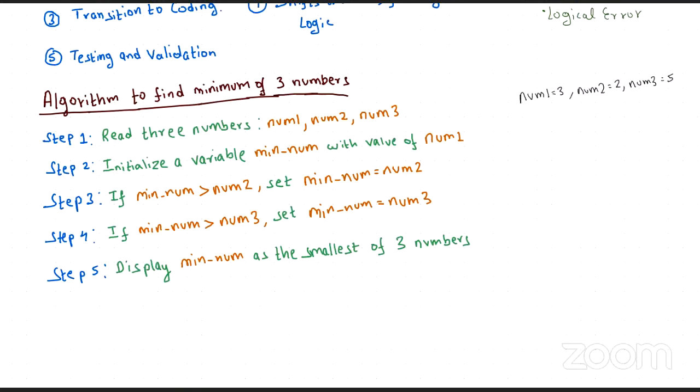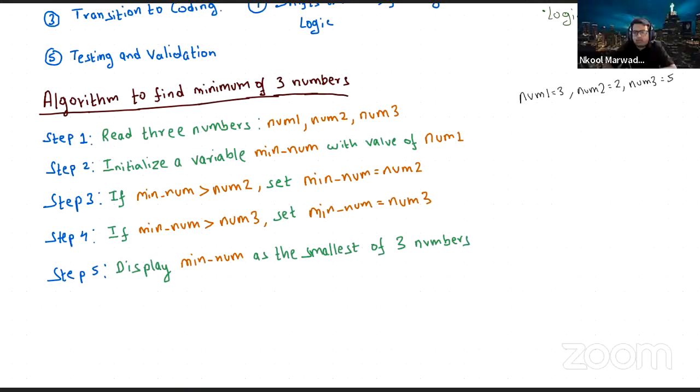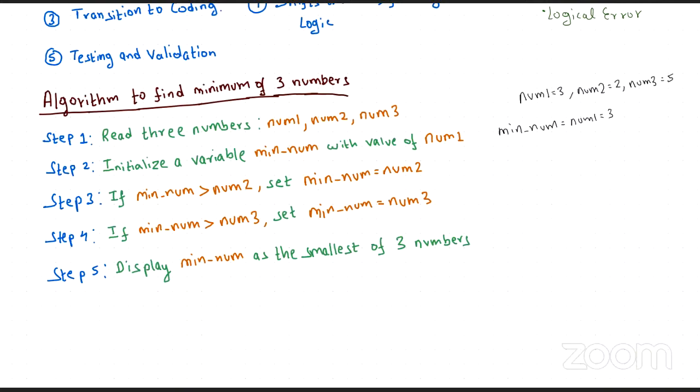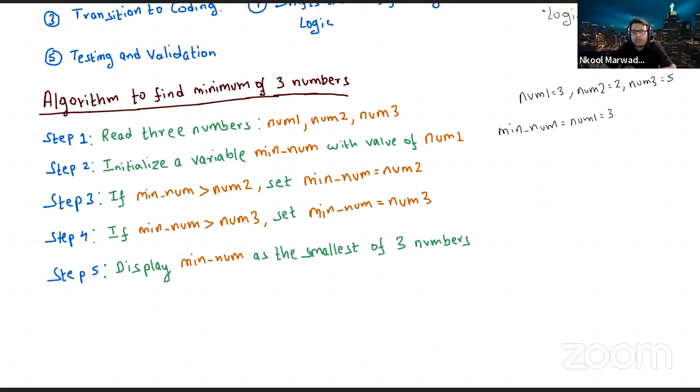Now we will initialize min num equal to num1, which is equal to 3. Now in step 3, we will check whether min num is greater than num2.